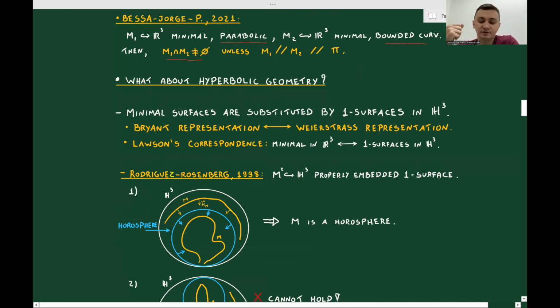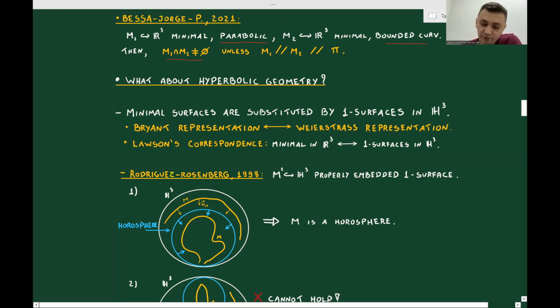One surface is a CMC surface, a surface with constant mean curvature equal to 1. So I will just write one surface, meaning that the surface has constant mean curvature equal to 1. And all the surfaces here will be immersed in the hyperbolic space.